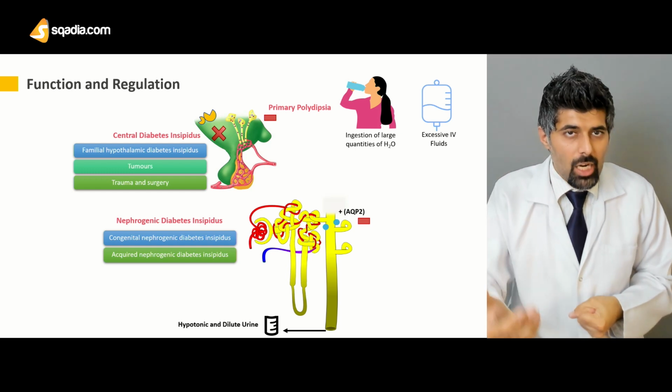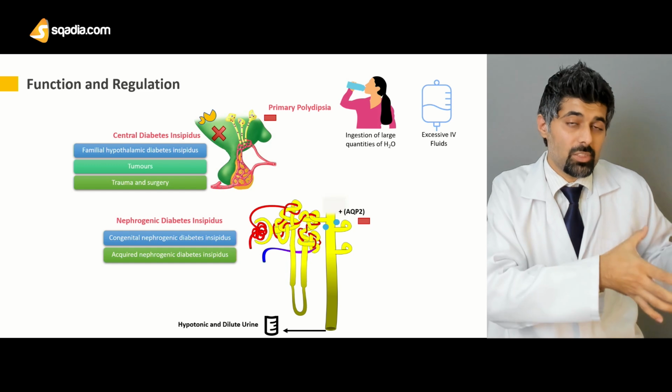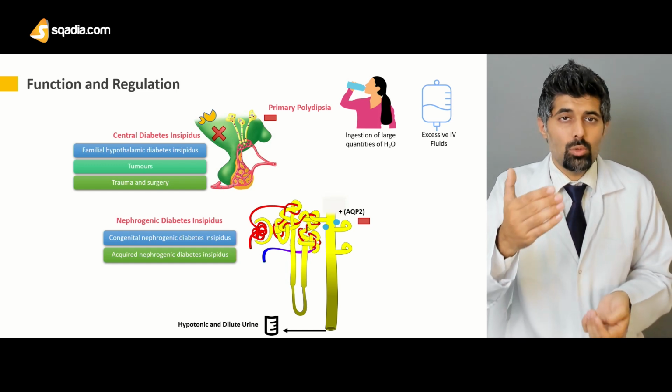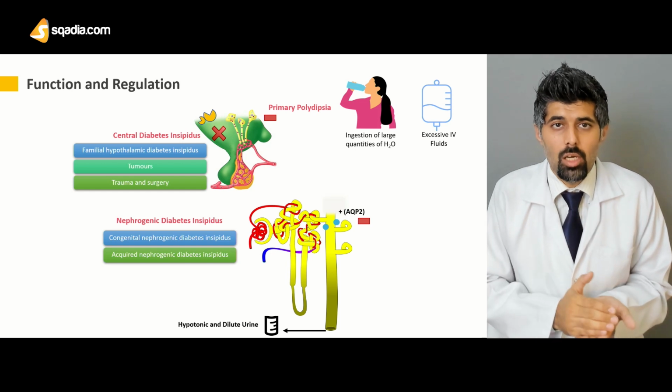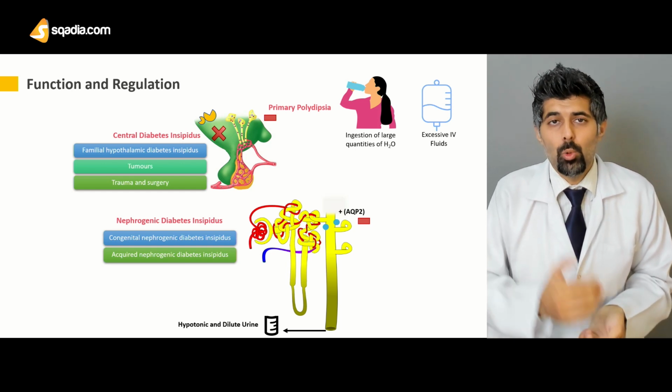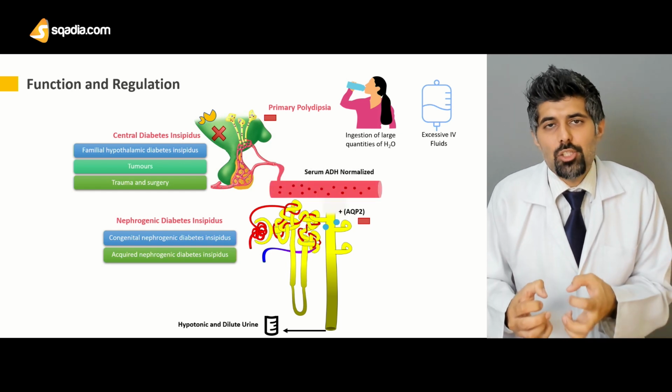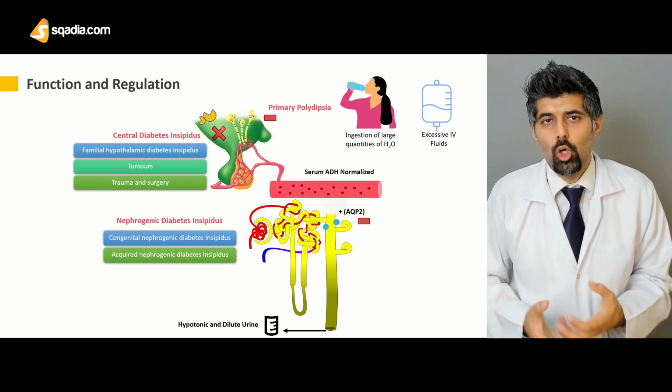And if it's a nephrogenic type, then the aquaporins will start to lower their expression. And when their expression is lowered, the patient's ADH levels will start to normalize.